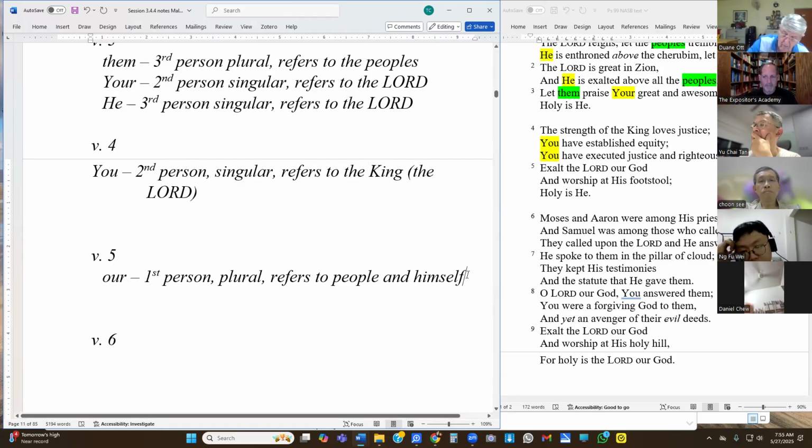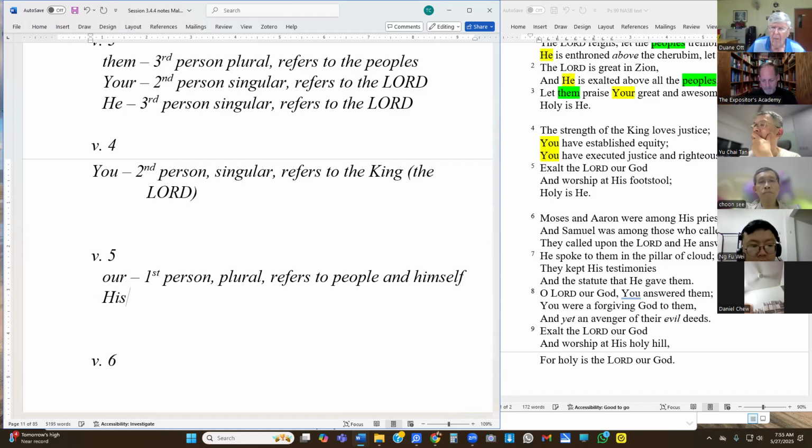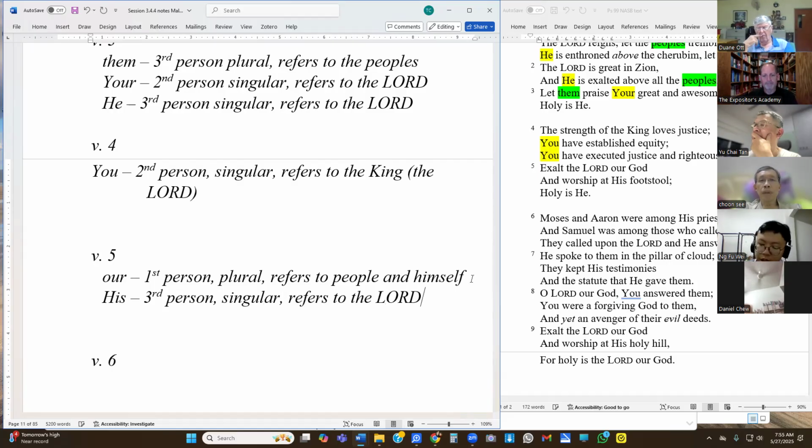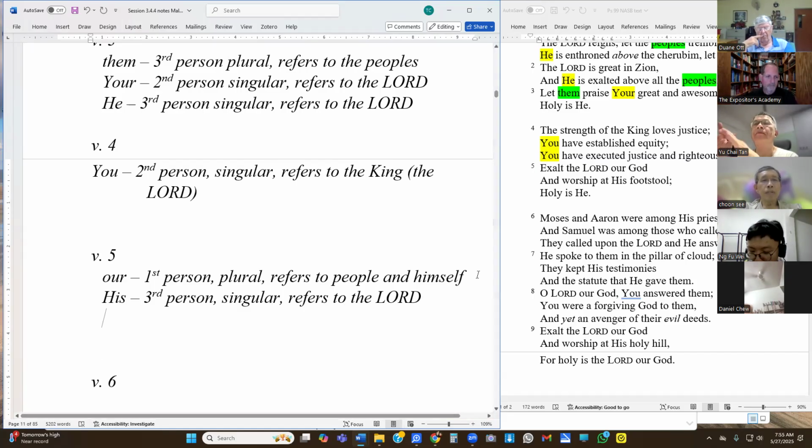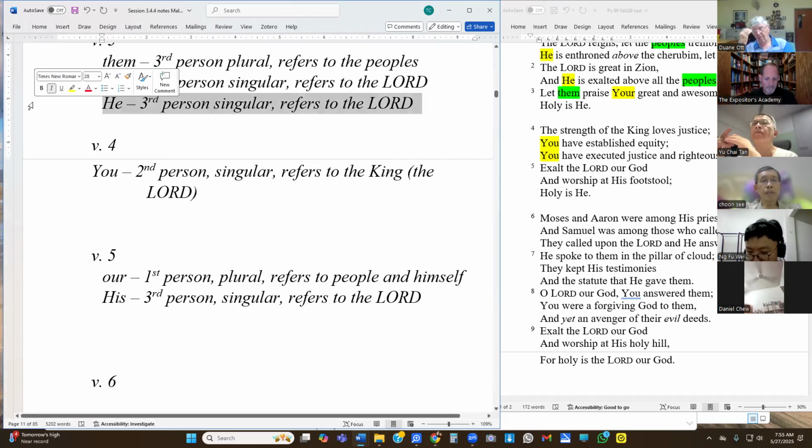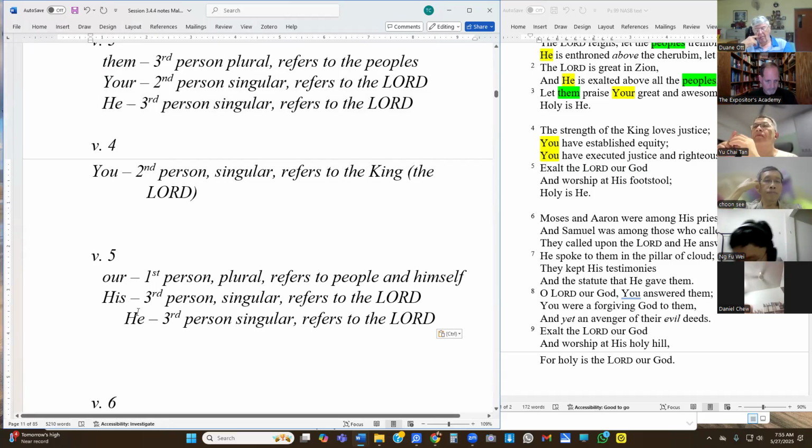And "worship at his," his is third person singular. Good. Refers to God, the Lord. And finally "holy is he," third person singular, also refers to the Lord.